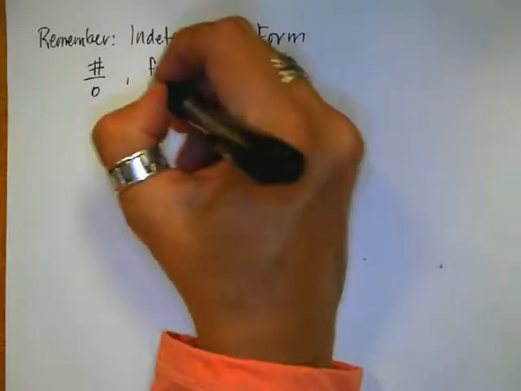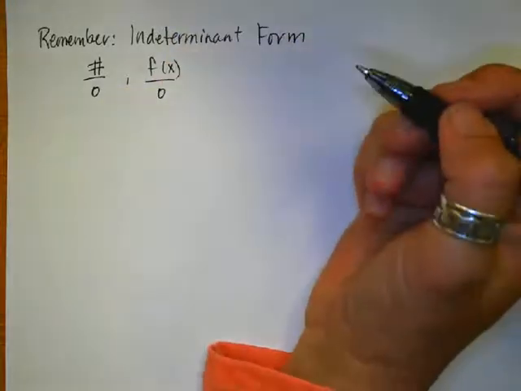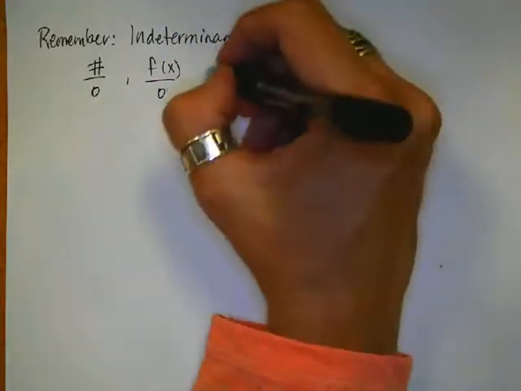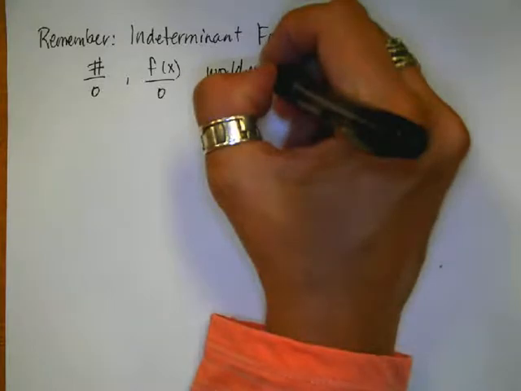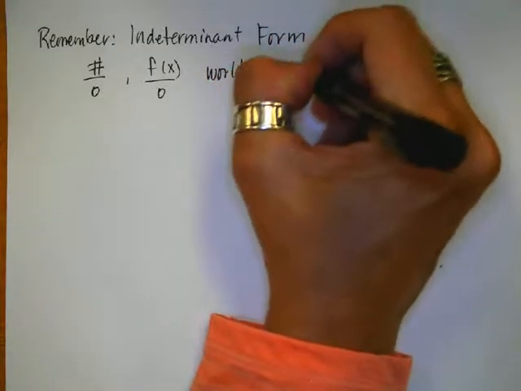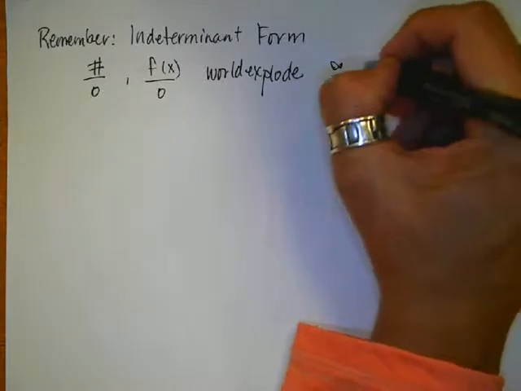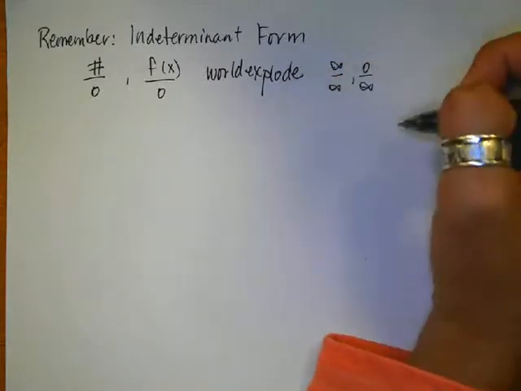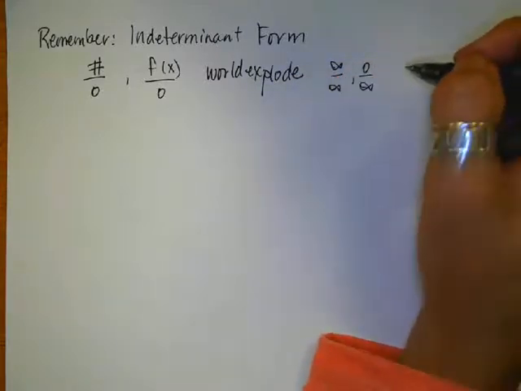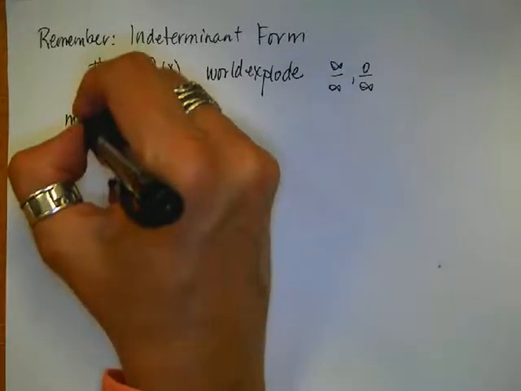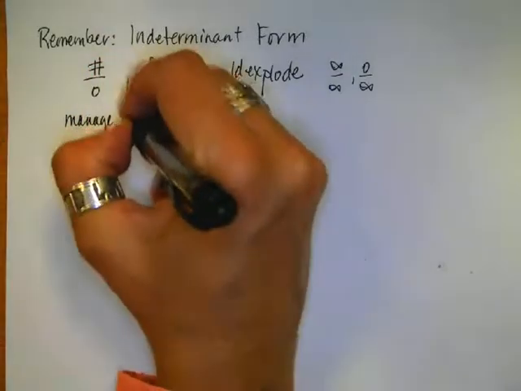Or I can't get maybe infinity over infinity or 0 over infinity. It just doesn't work. So then you have to manage the given function to eliminate the indeterminate form.